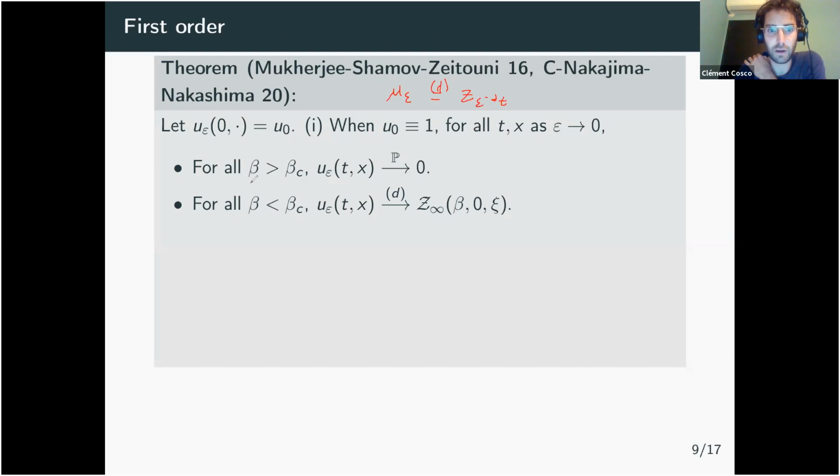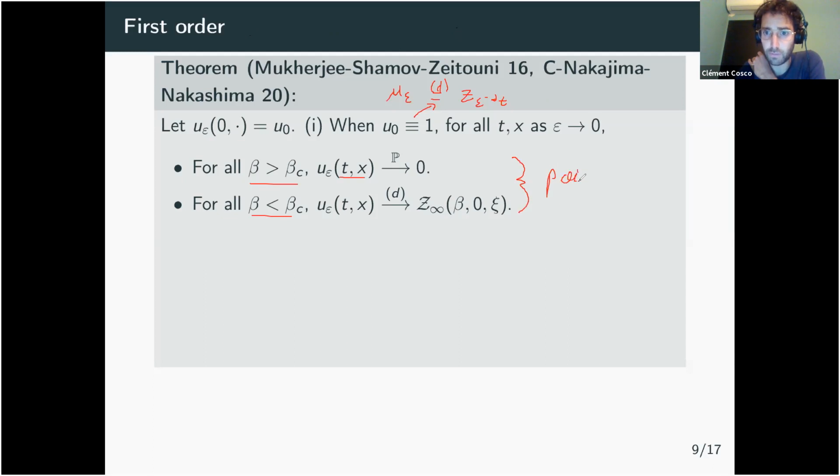In particular, if you are above beta c, you will get that u epsilon will go to 0 because the partition function goes to 0 in this case. And if you are below beta c, then in distribution, u epsilon will converge to the infinite volume partition function. This is when u0 is 1. And so this is a pointwise point of view, right? You fix t and x, and you look at the limit.